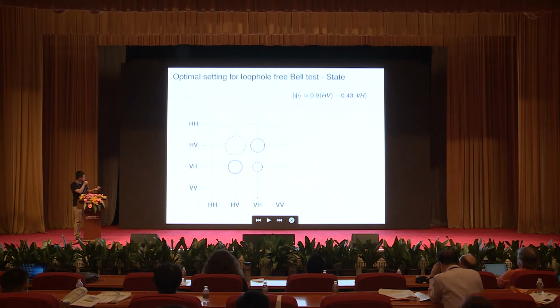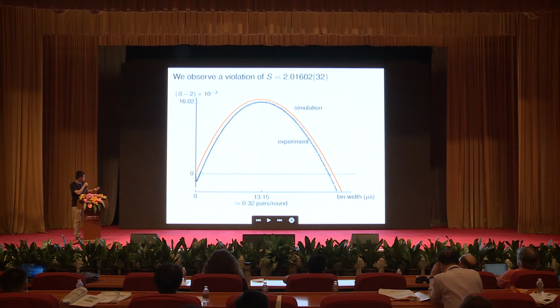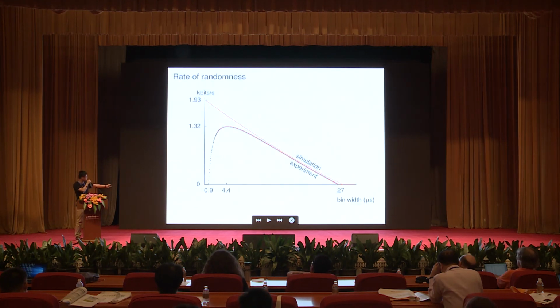So when the bin width is small, the large jitter will make you not violate the Bell inequality anymore, or make your violation very small. So the random bits will start to reduce, which was in the red dots. Yeah. The main limitation making it not fit very well at small bin sizes is just because the detector is slow. Okay, thank you very much.